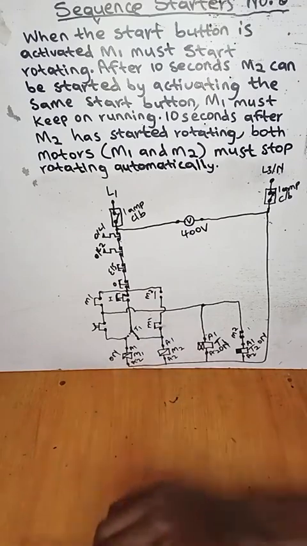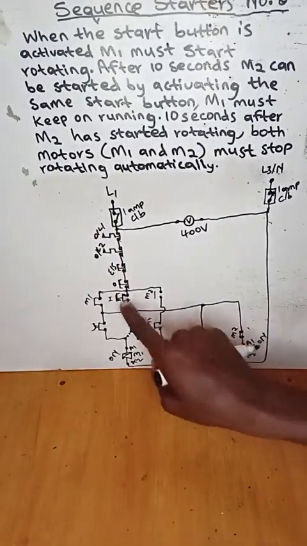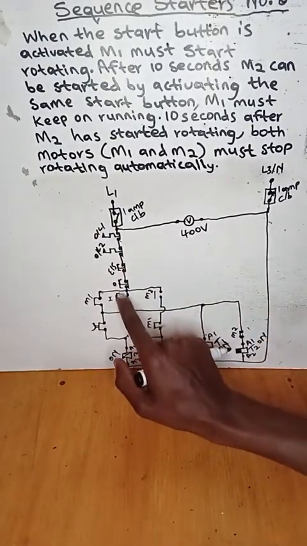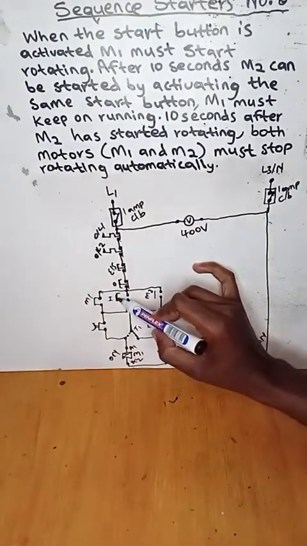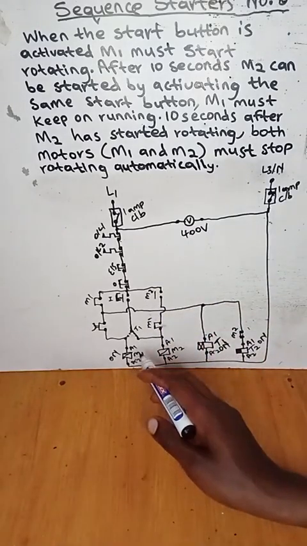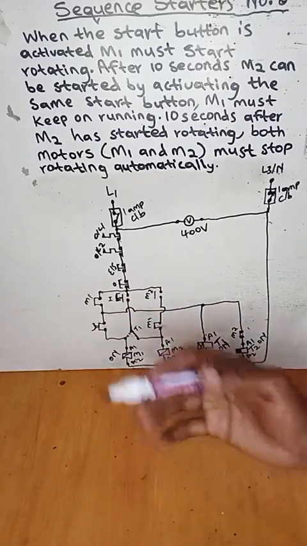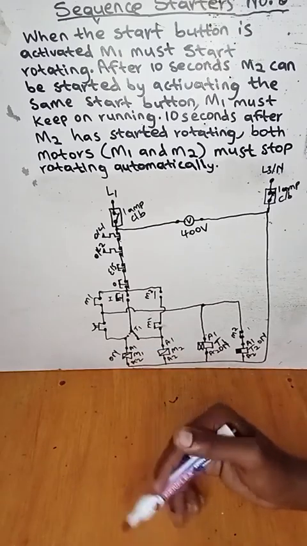So we are good. So this is after 10 seconds, right? So we let go of our start button, it creates open contact again, right? So this is the process after the 10 seconds of delay on timer.